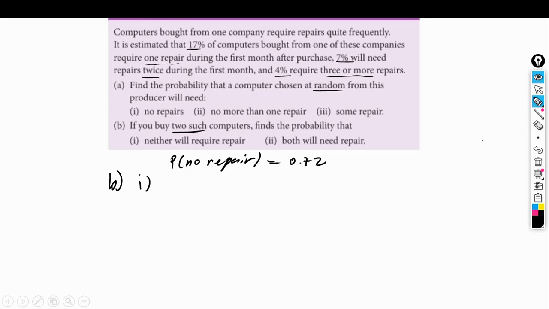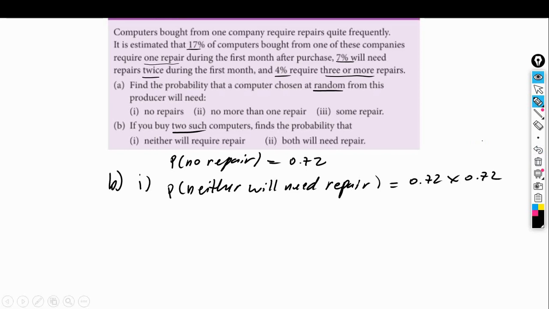That means that the probability that neither computer will need repair is going to be 0.72 times 0.72. And this is equal to 0.5184. So about 52% chance that neither will need repair.